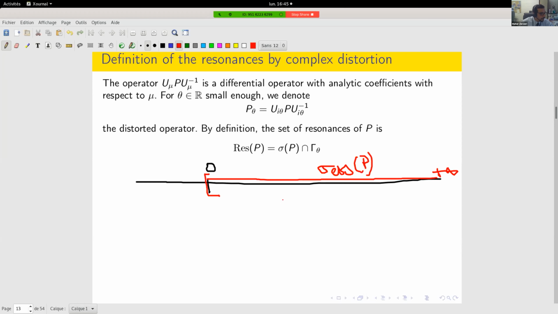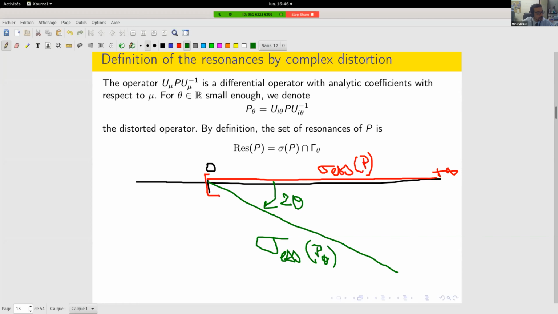With another color, the essential spectrum becomes here, with 2 theta. And because now it's non-self-adjoint, maybe we have some complex eigenvalue, okay? This is a very important thing.